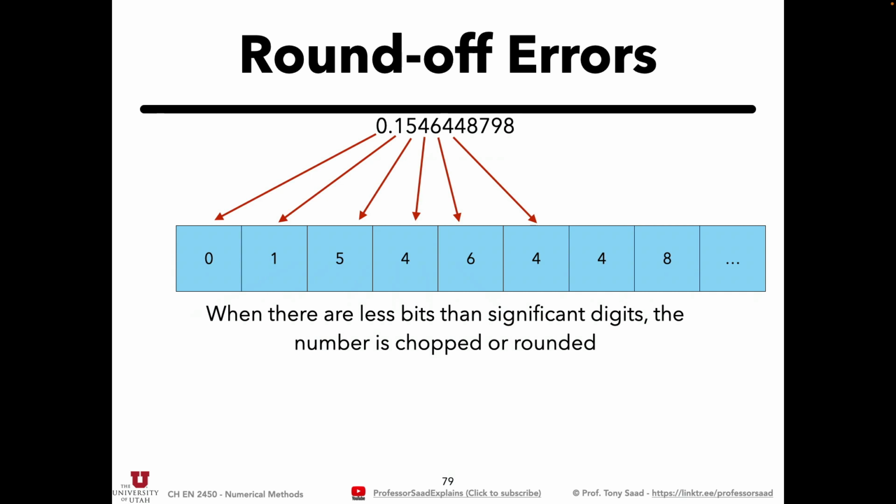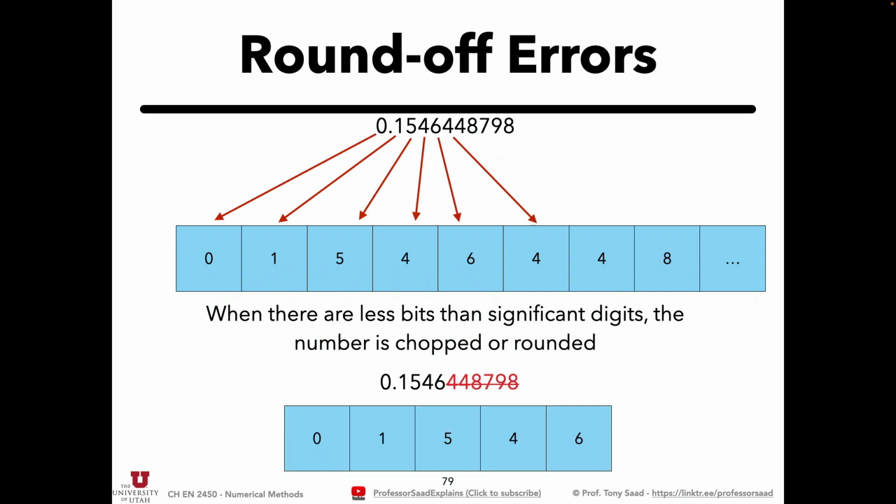Okay, and so anytime you bypass the number of bits available in your memory, the number automatically gets chopped and the rest of the digits get discarded. So for example, in a 5-bit computer, you're only storing these significant figures and everything else is being chopped or rounded, depending on the computer, okay?